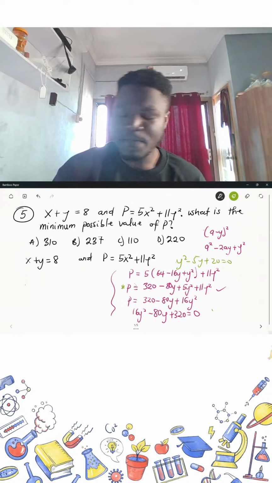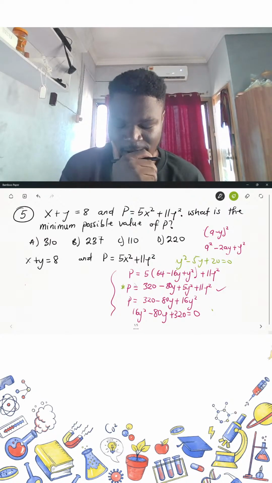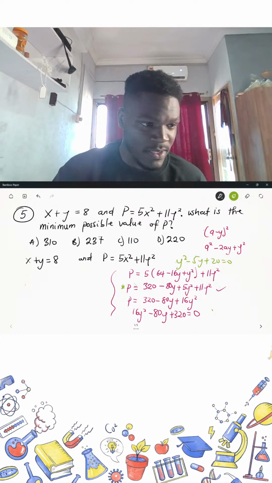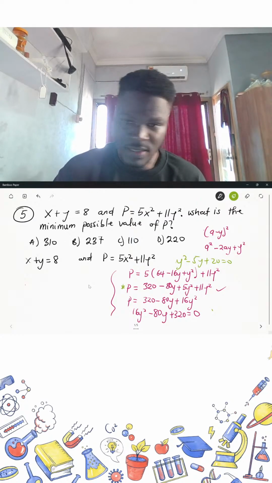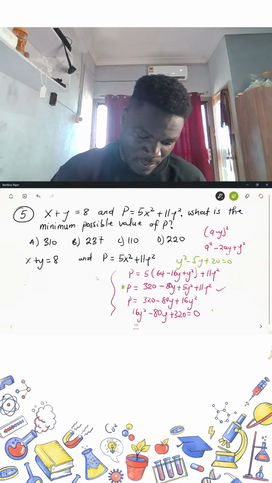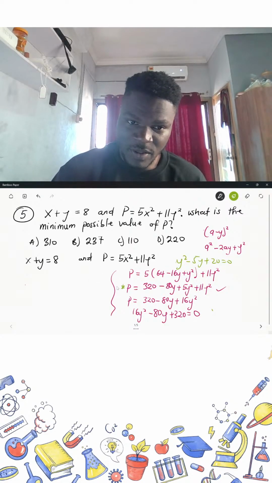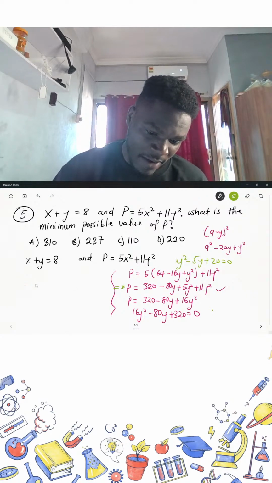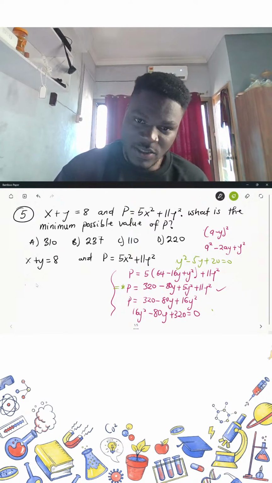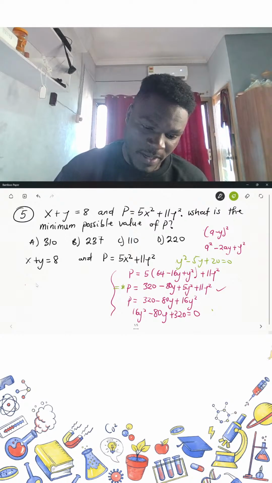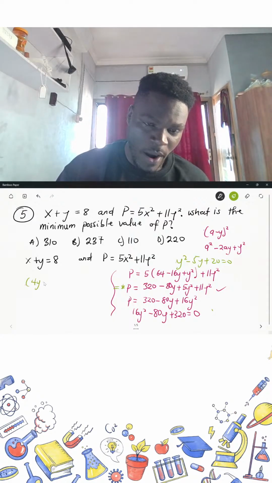I feel like this is how to determine minimum points using the method of completing squares. I'm sure we would have to use the method of completing squares for this particular problem, because right from here they have 320 plus 5y squared minus 80y plus 11y squared, and they said that is equal to, in brackets, 4y minus 10 squared plus 220.